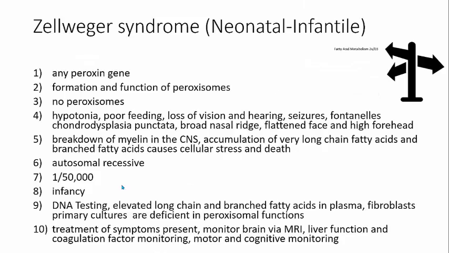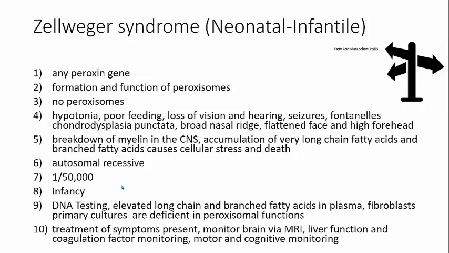The next lipid disorders we're going to talk about have all been coalesced into a single syndrome. These fatty acid disorders make up what is now called Zellweger syndrome. Zellweger syndrome was the recognition that there are a wide number of peroxisome disorders.